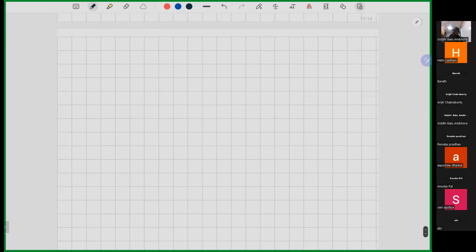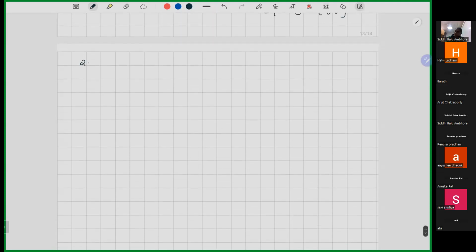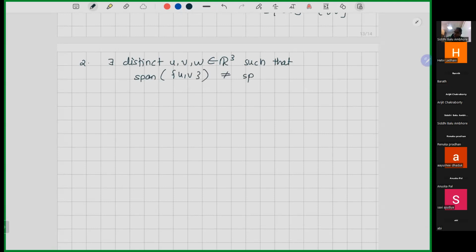Now, the second one. Again, we want to show that there exist distinct u, v, w in R3 such that span of u comma v is not equal to span of u comma w. Can somebody guess this? You should be giving me at least one example, or multiple examples if you want.